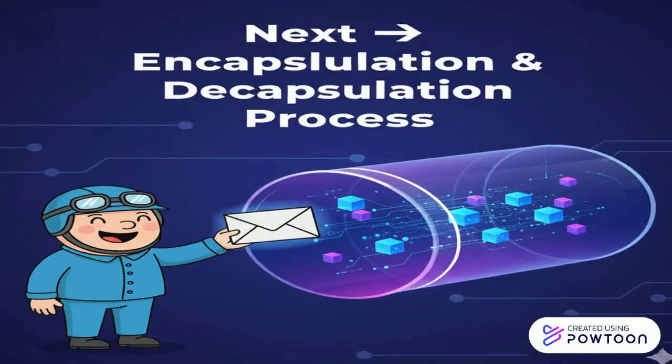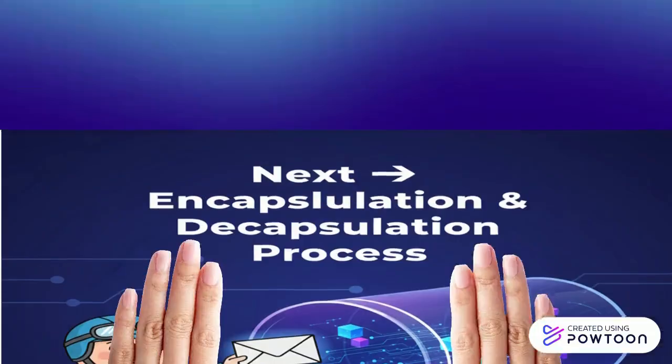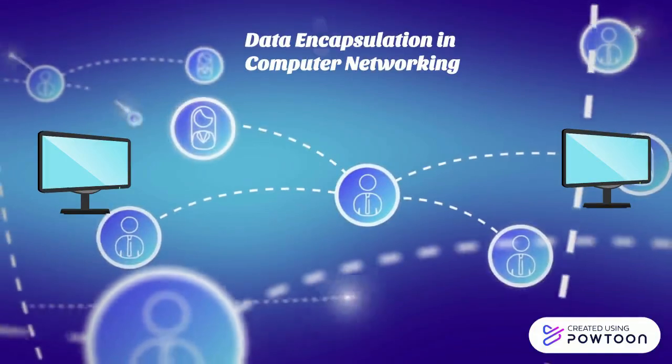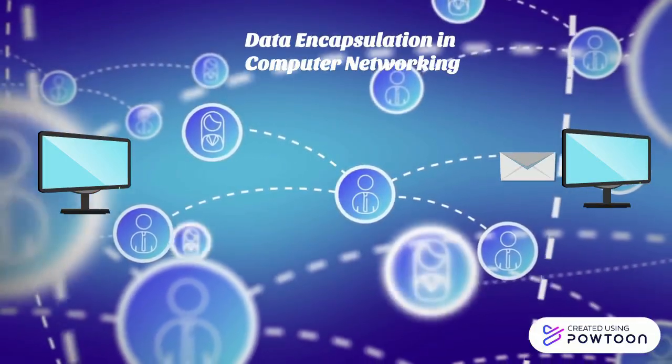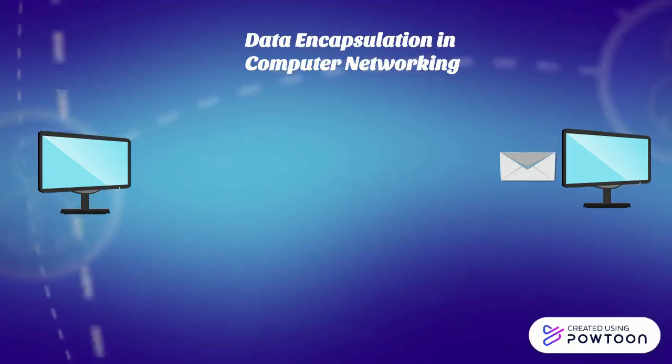Now that we have packed up data neatly, let's see how it actually travels layer by layer through encapsulation and decapsulation. Let's explore how encapsulation works in computer networks, the process that wraps data with necessary information before it travels to the internet.